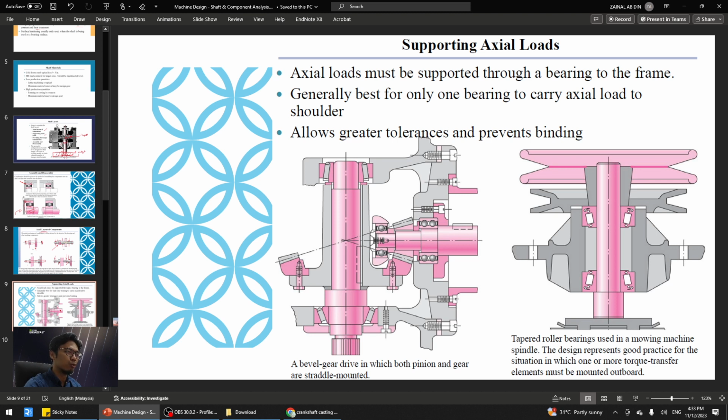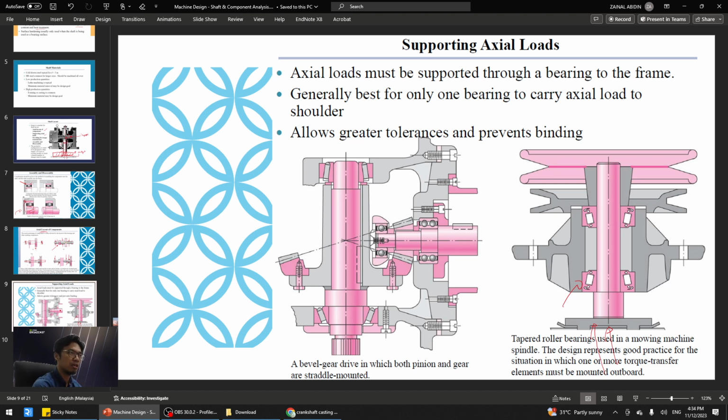Ini you punya spindle punya mowing, mesin potong rumput yang tolak-tolak tu. You perlukan tapered bearing jenis tapered untuk support axial load yang datang daripada axial, betul-betul terkena dekat awak punya shaft tu.